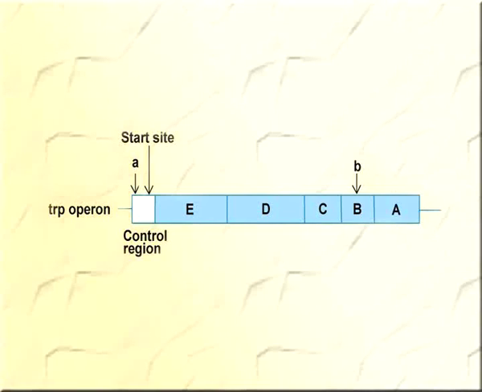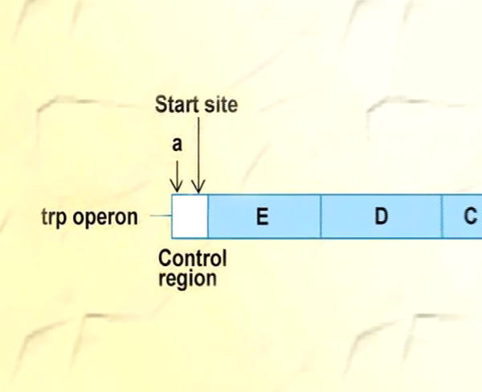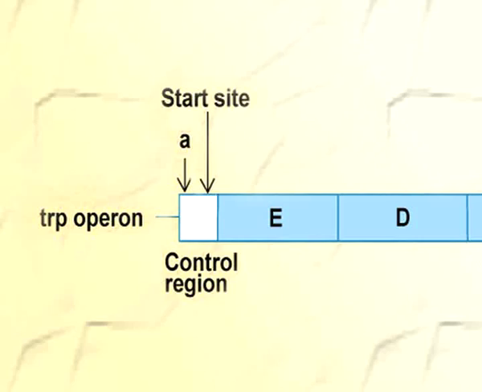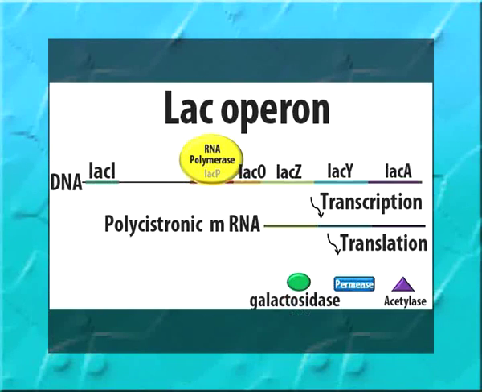For example, the promoter for tryptophan synthesis and genes coding for beta galactosidase and other enzymes involved in lactose metabolism are some of the strong bacterial promoters and do not deviate much from the consensus sequence.